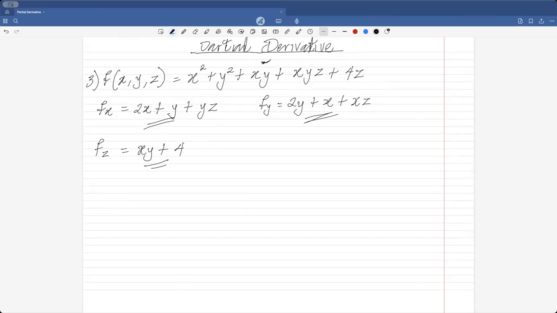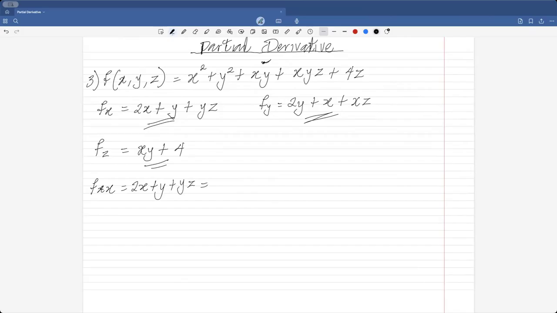So we can further do some second derivative for this problem. If we are told to find fxx, that means we have 2x plus y plus yz.